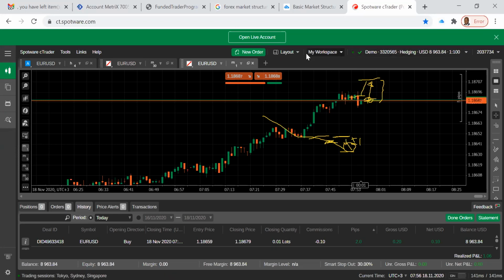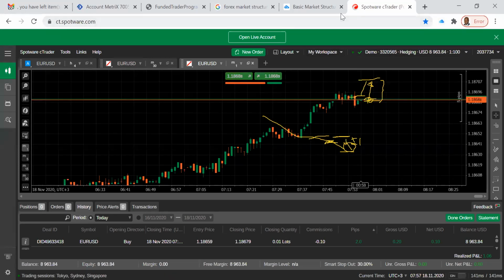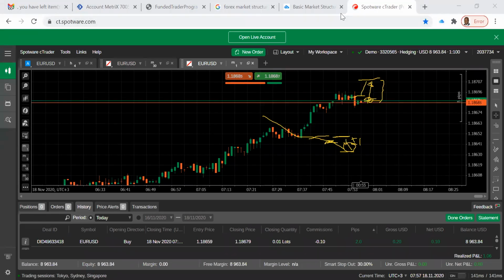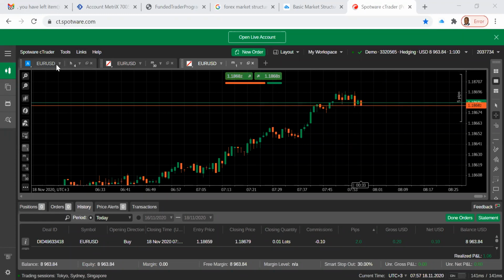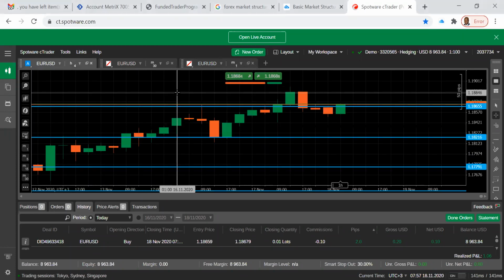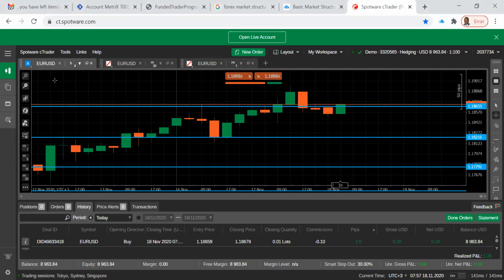However, if you do a bigger time frame, you'll find that it is significantly different. So if I come to the 4-hour time frame, here we are.